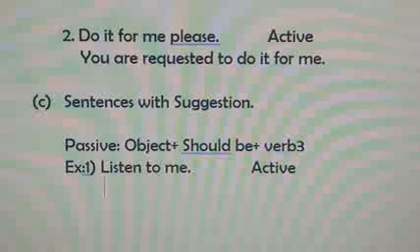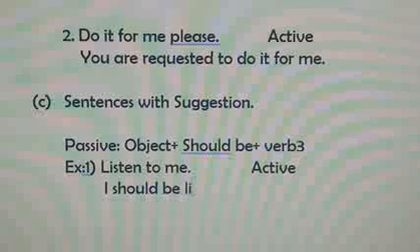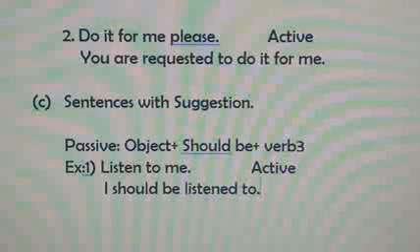The passive will be: me of the object will be converted as I. I should be listened to, because listen is the first form of verb, and when it will be converted into the third form, it will be listened to. Dear children, this sentence is in passive mode.